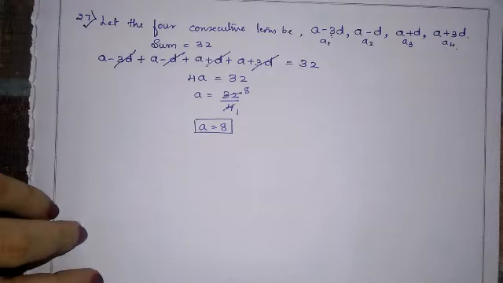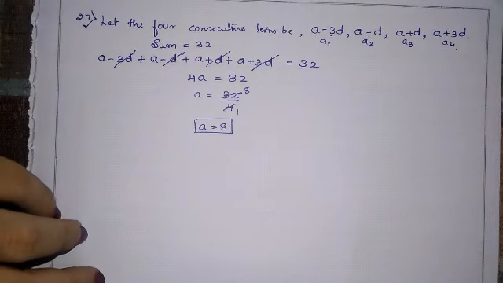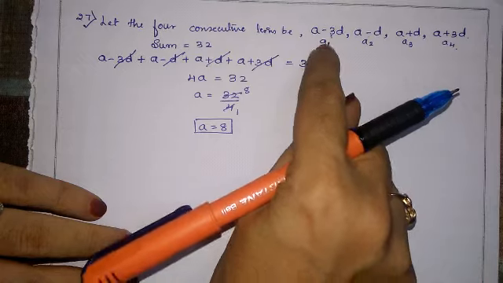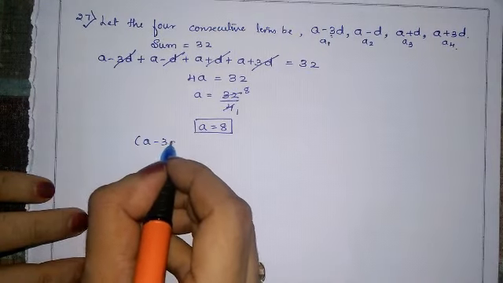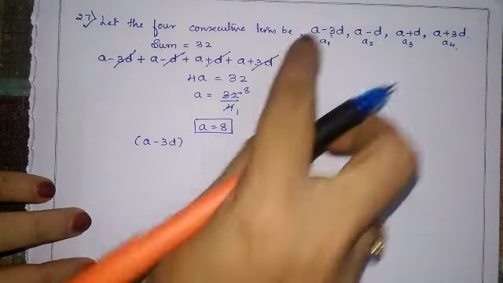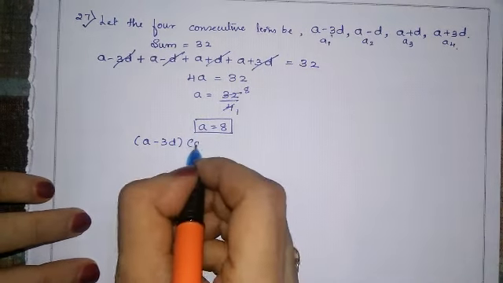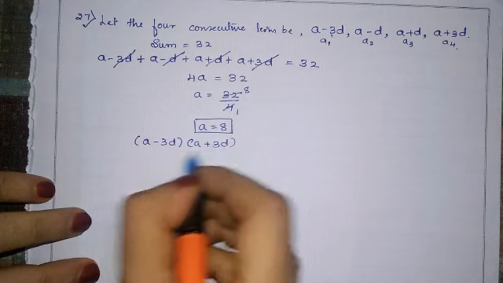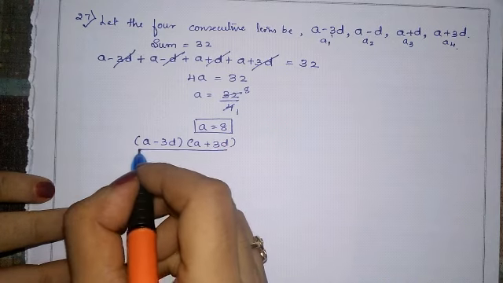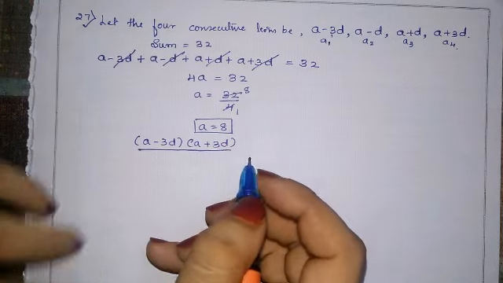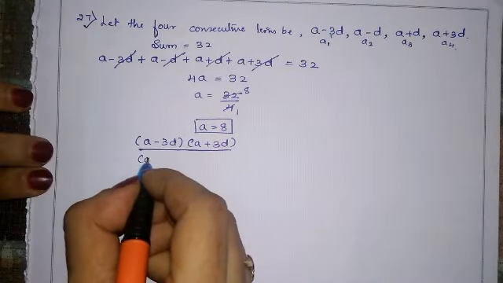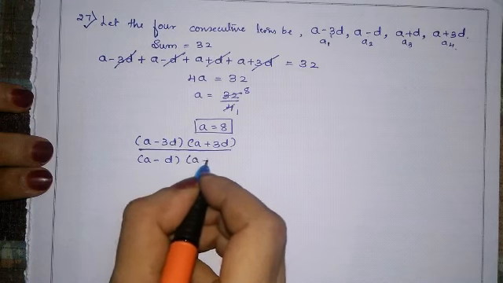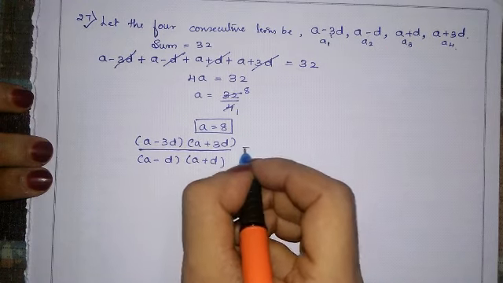Now the second condition in the question: the ratio of the product of the first and last term, first term is a − 3d, last term is a + 3d, upon the product of the two middle terms, a − d and a + d, is 7:15.